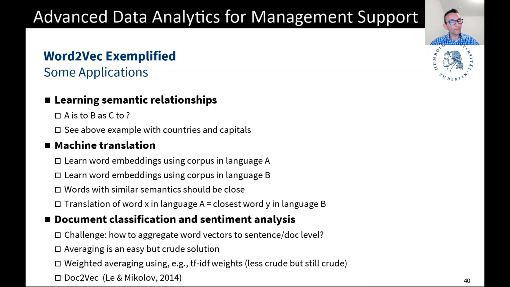You could learn a word embedding using some corpus in your source language, say English, and then you learn an embedding using a corpus from your target language, say German.